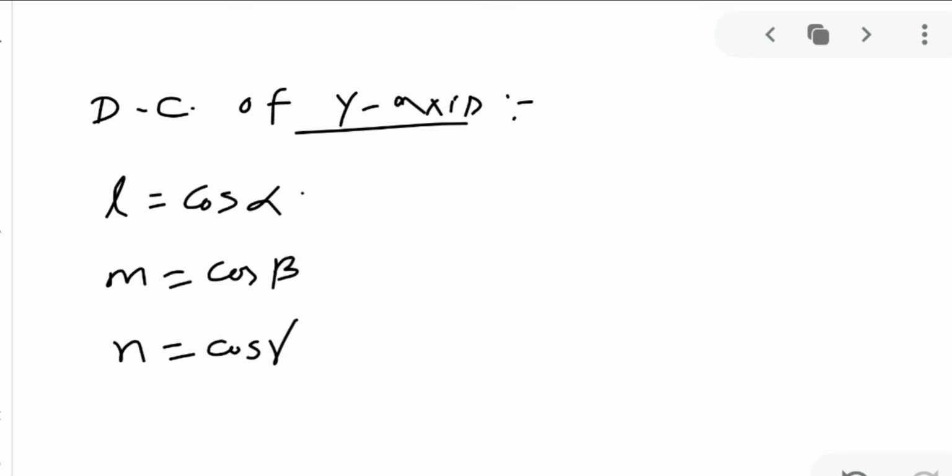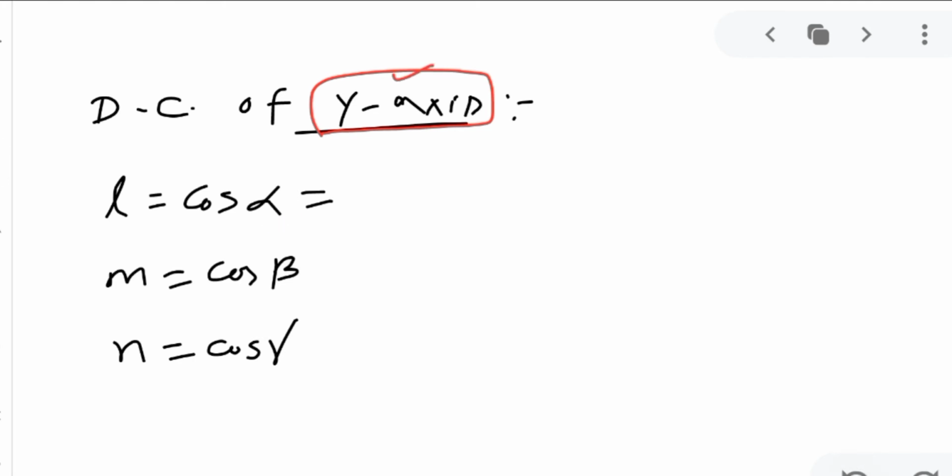And alpha is the angle made by the line; the line here is the y-axis. So the angle made by the line with the x-axis: the angle of the y-axis with the x-axis will be 90 degree.